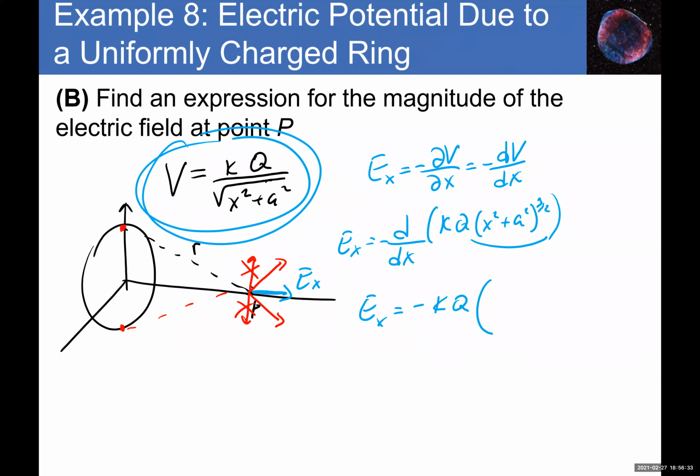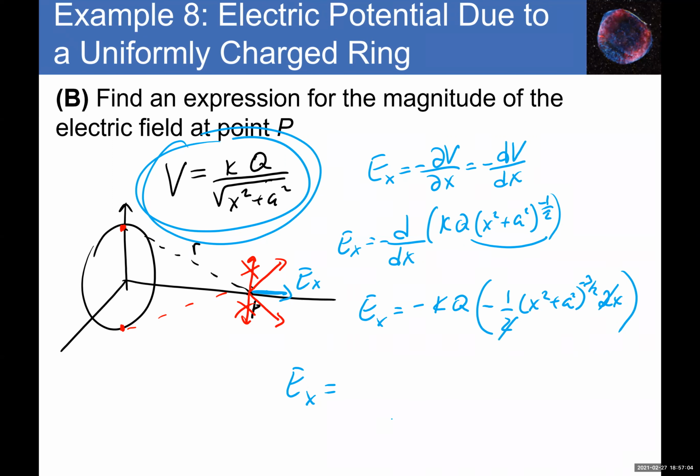all right, I made a typo here. So this is 1/2, sorry, negative 1/2. So it becomes negative 1/2, then x squared plus a squared to the negative 3/2. And then I also have to do the derivative of what I have inside the argument, taking the derivative of x squared, so it gives us 2x. Then what do I end up with?